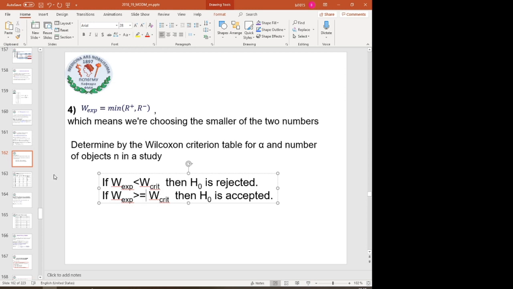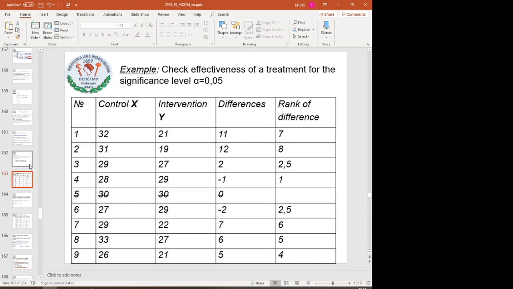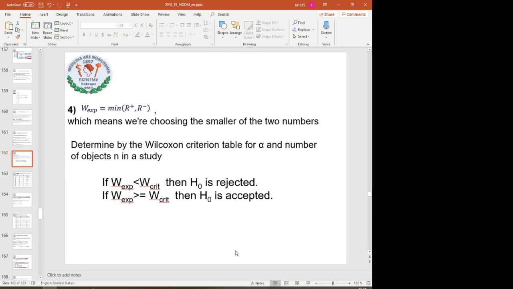Let's consider an example, and then I'll explain why this is unlike a parametric criterion.